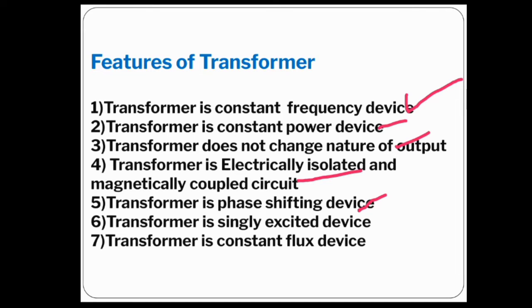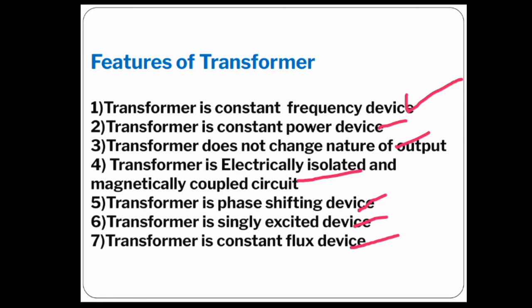Okay, so the seventh one is that the transformer is a constant flux device. We are going to derive and prove this statement. First you must know the features of the transformer. So these seven are the features of the transformer, and you have to remember these seven things first.